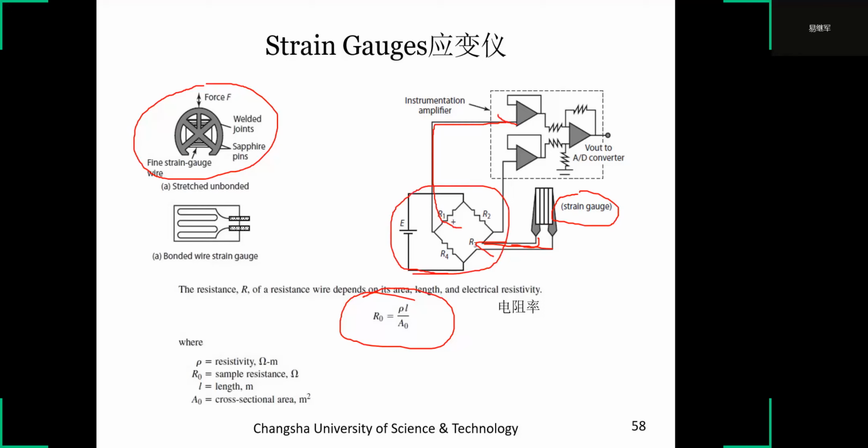If the strain gauge is changed, the voltage is output to the amplifier. Then use the AD converter to convert the voltage to a digital signal and output to the microcontroller.